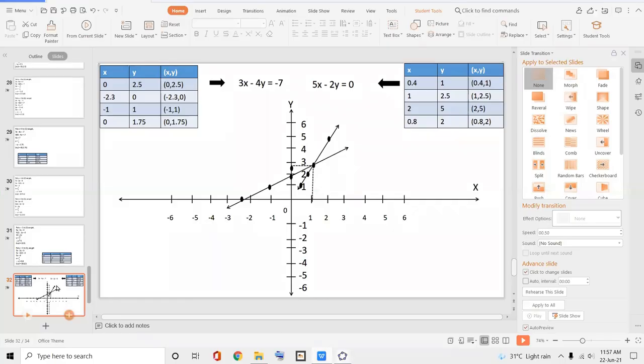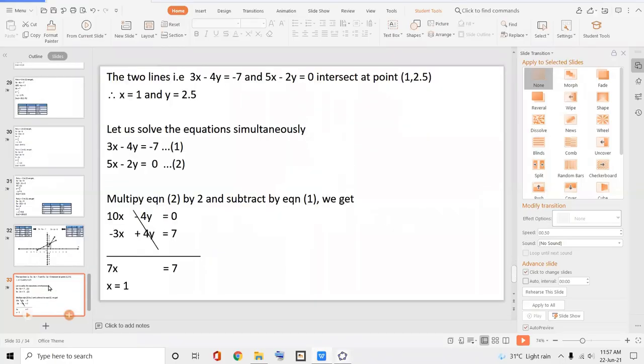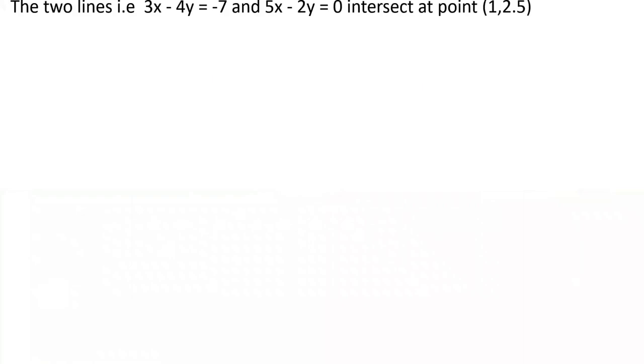So you can see that the two lines, that is 3x minus 4y is equals to minus 7 and 5x minus 2y is equals to 0, they intersect at the point 1 comma 2.5. It means that our x is 1 and our y is 2.5.